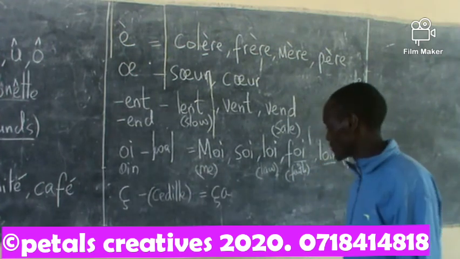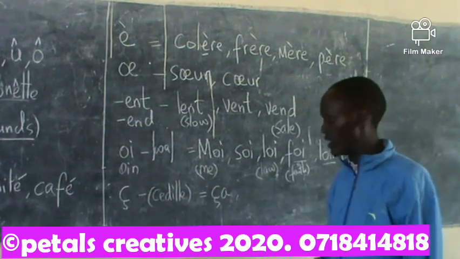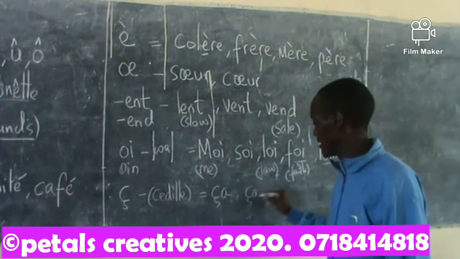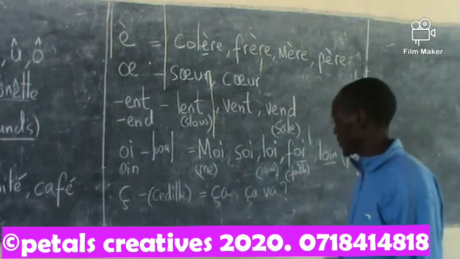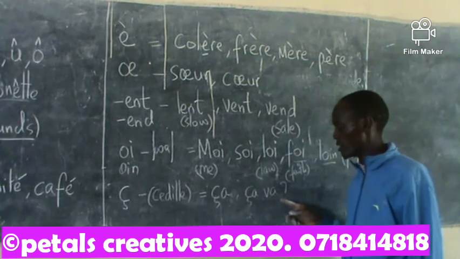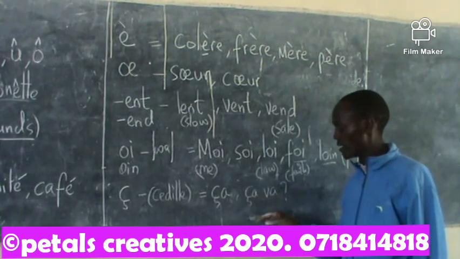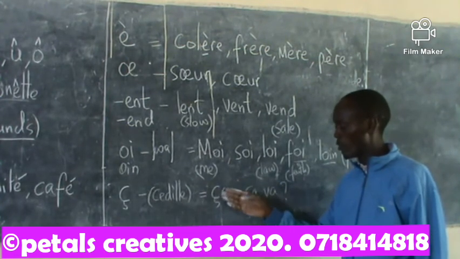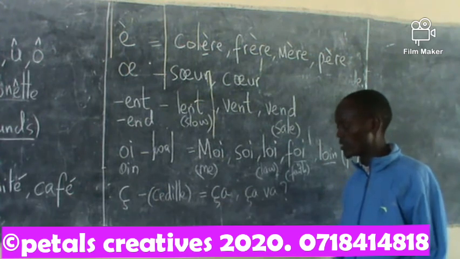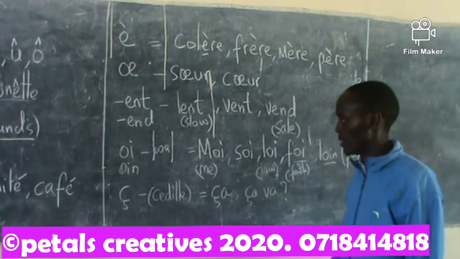Ça, that. Or when you are greeting somebody, ça va, when you're asking somebody how is it going. So this one is la cédille. It is a special form of C that has an S below it. Actually, it enables it to be pronounced as letter S.